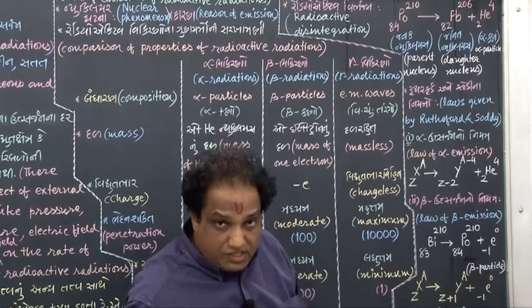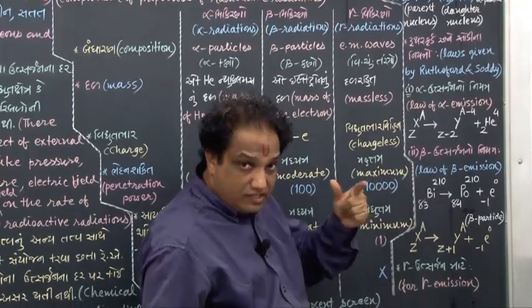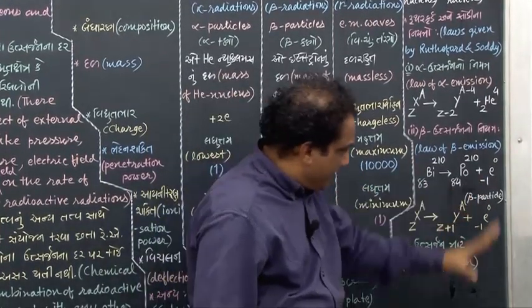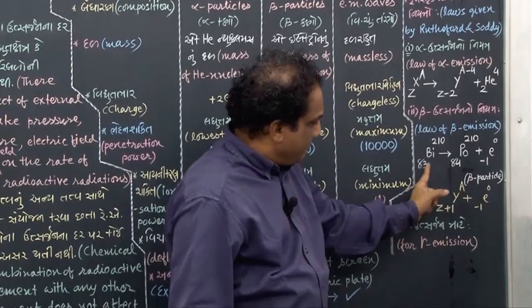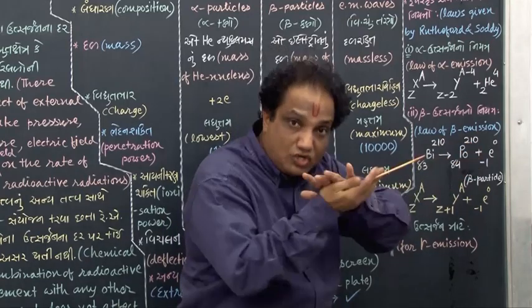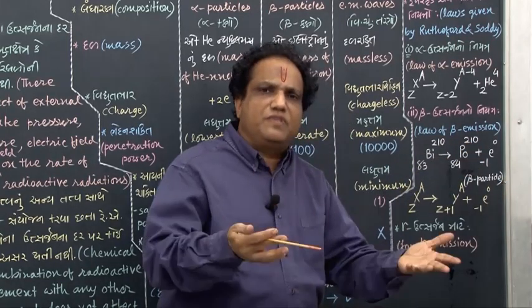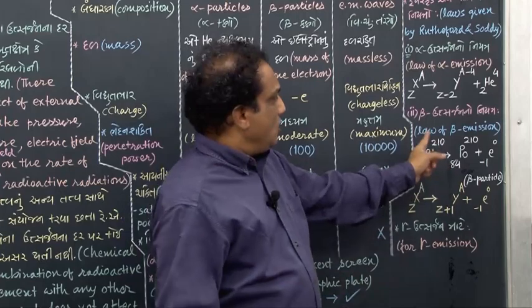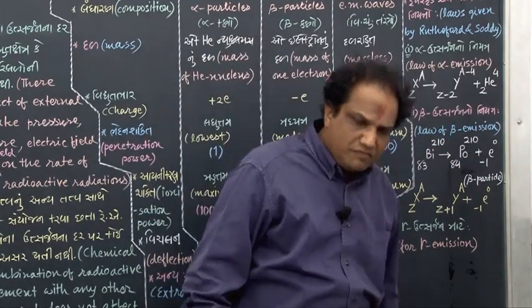So what have you noticed? As this parent nucleus emits one beta particle, what happens? Come on, atomic number increases by 1 unit and atomic mass number does not change. Just pick out the same thing in words, will become law of beta emission.